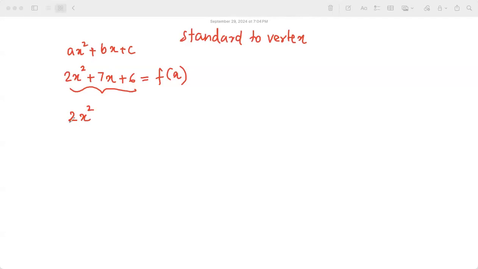Meaning the coefficient of x square is not 1 here. That's the obstacle here. But how will we do it? Using completing squares, try to convert it from standard to vertex form, meaning make this into a square term. I'll wait for you. If you're not able to do it, then I'll do it.